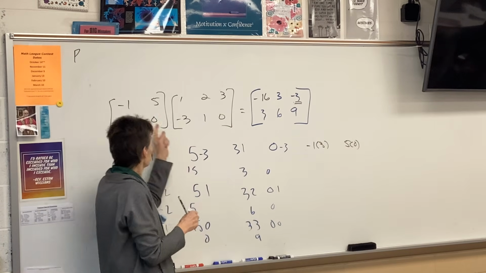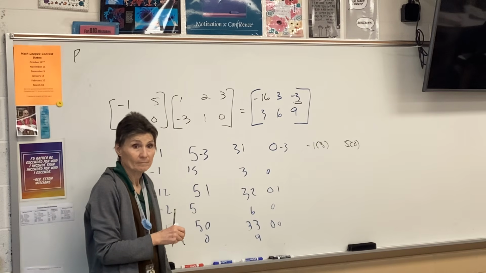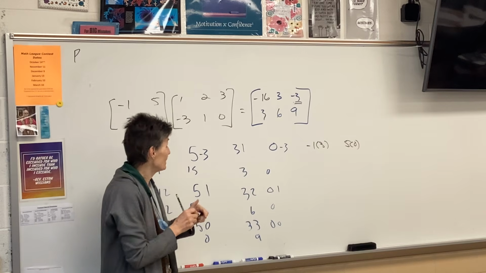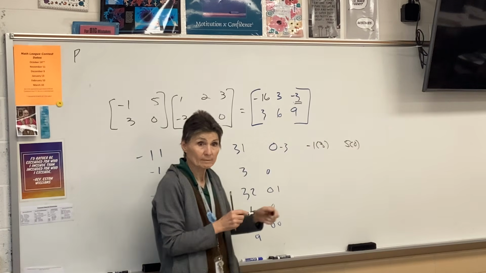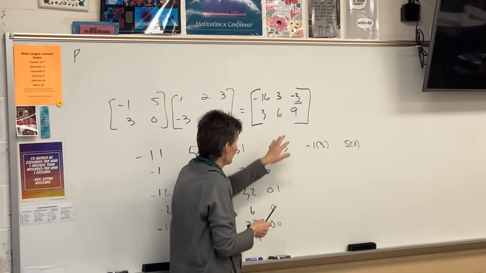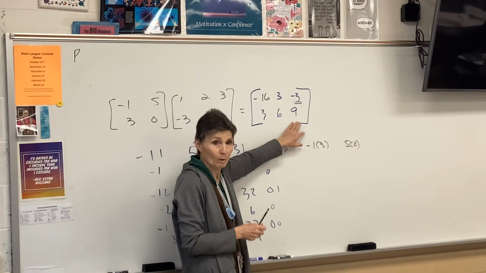So we multiply row 1 times column 3. And then this one would be row 2, column 3. Whatever position you're trying to fill, that's the row and the column you multiply.